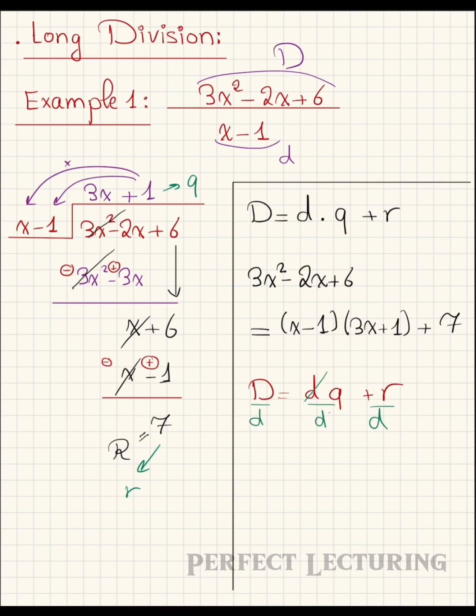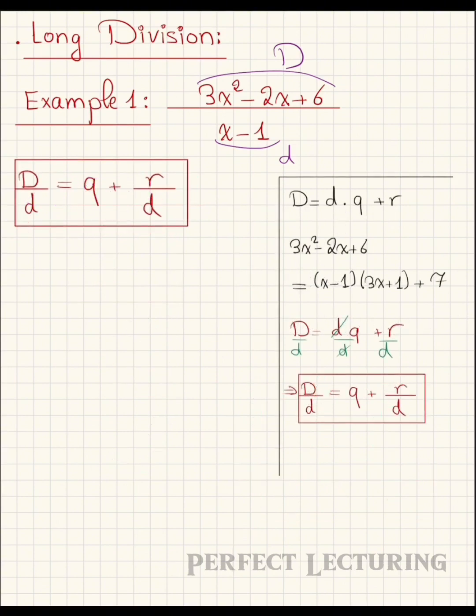These cancel out. So this is equivalent to saying capital D over small d is equal to q plus r over d. This is really very helpful when we try to find oblique asymptotes of functions.